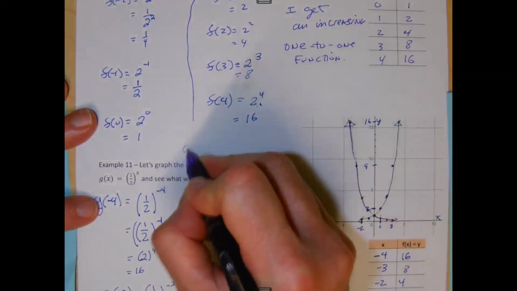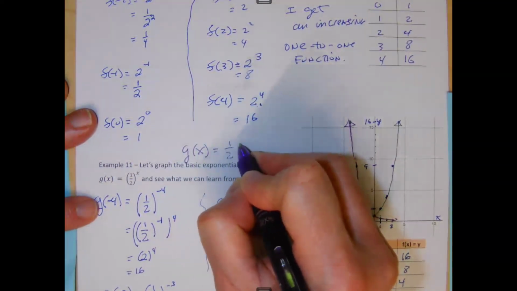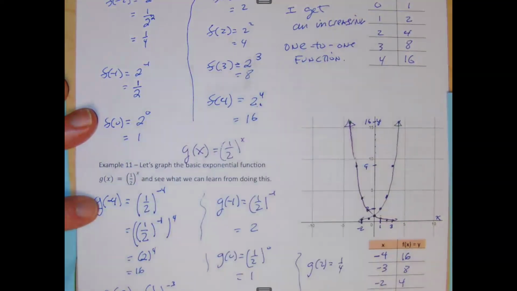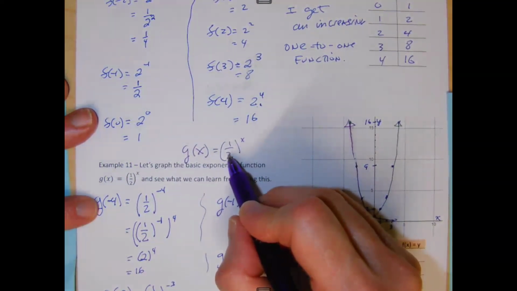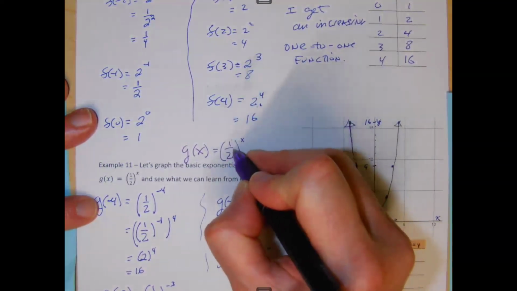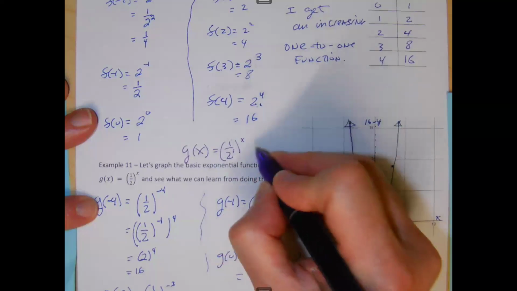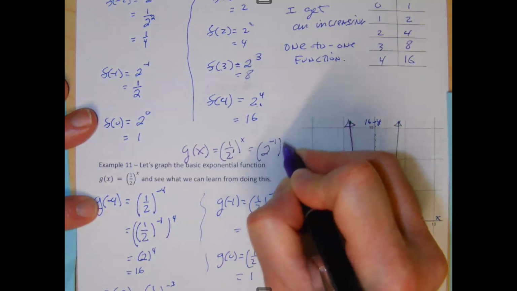If I have g of x equals 1/2 raised to the x power, notice I can always bring this 2 up to the numerator. Right now it's 2 to the first. If I bring this up to the numerator, what happens? Well, I get 2 to the -1.